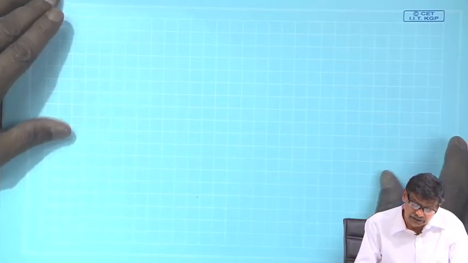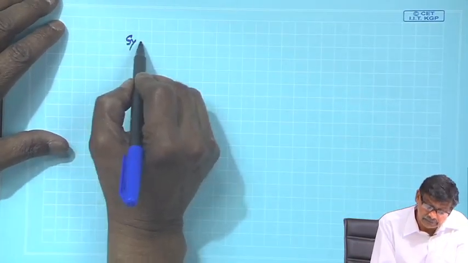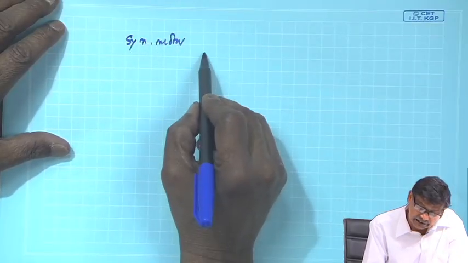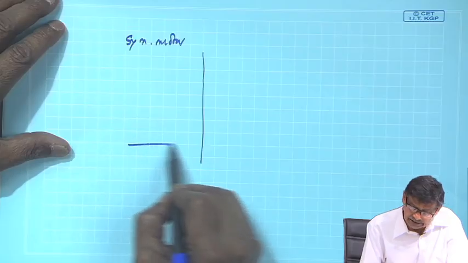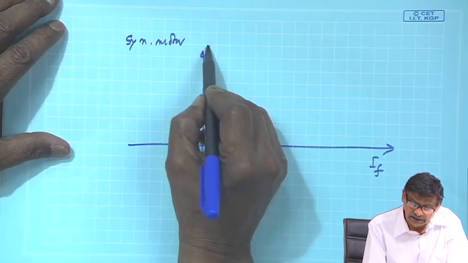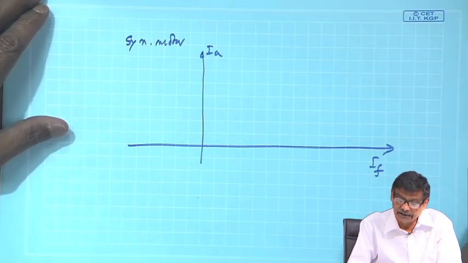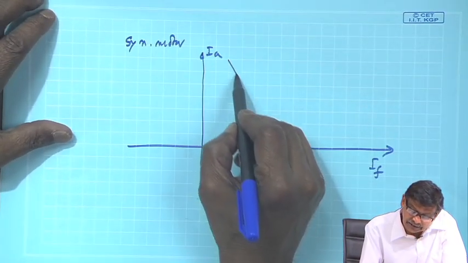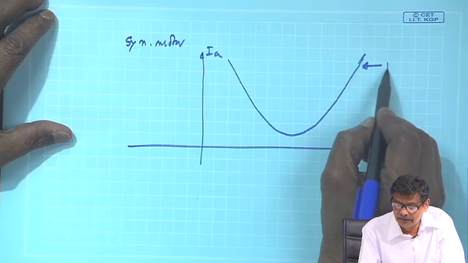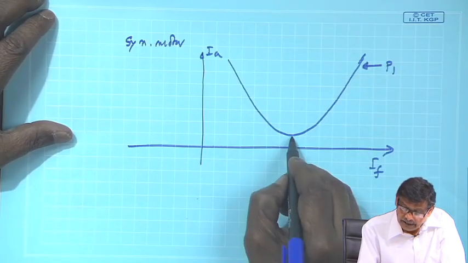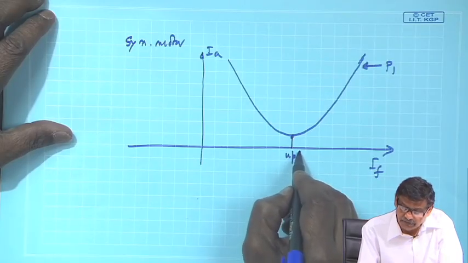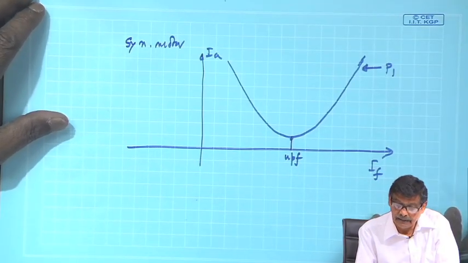Therefore, in case of synchronous motor, the V curves will look like, once again, armature current versus field current, magnitude of armature current versus magnitude of field current. Once again, it will be like this at a certain amount of power P_1, and this point where the armature current is minimum is the unity power factor point.